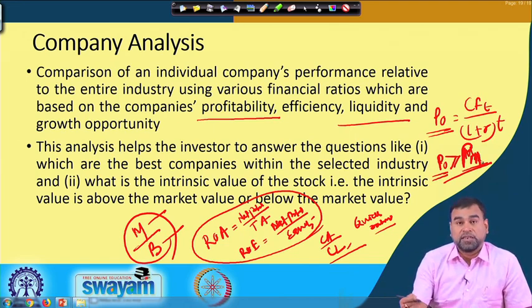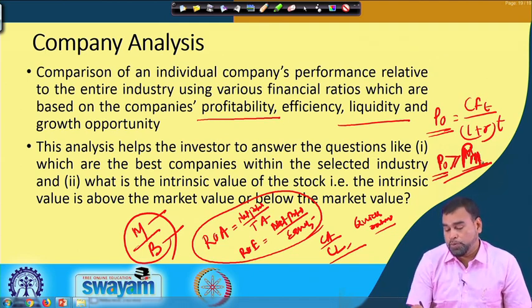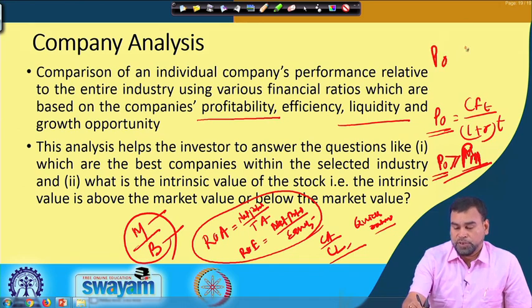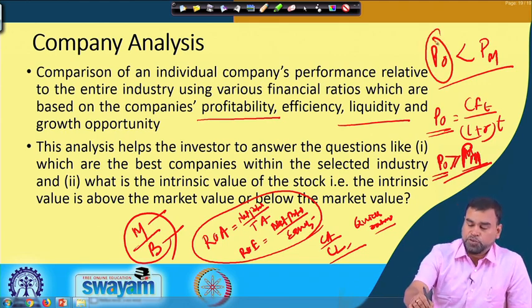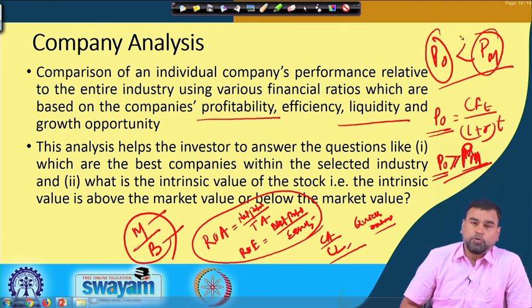There is a possibility that the price of this asset will go up, so it is an undervalued company. If P0 is less than PM, what does it mean? The market has already overvalued it: the intrinsic value is P0, but the market value is more than that.